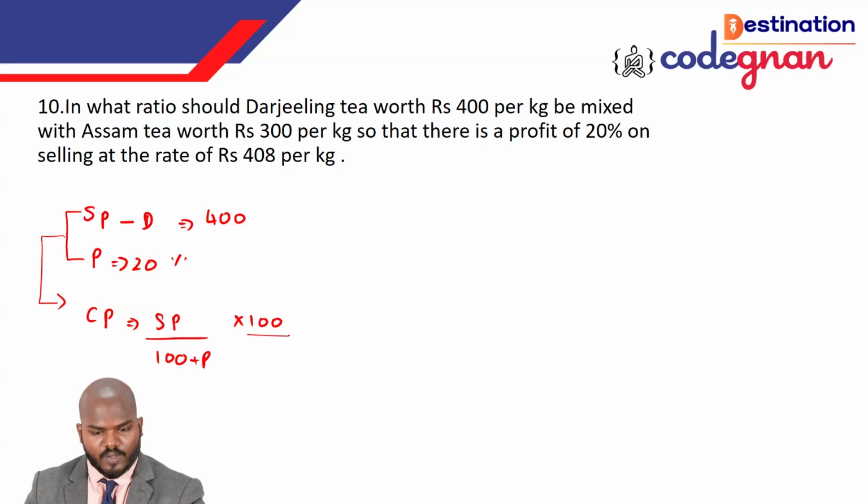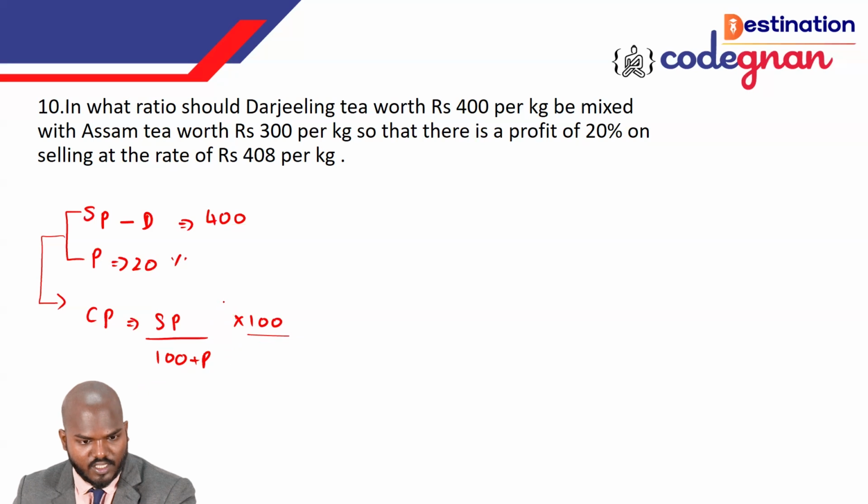If you say here in this place, the answer we can say is 408. The selling price they have given here is 400 only. Okay, so 400, but they are selling at 408 rupees here in the place.